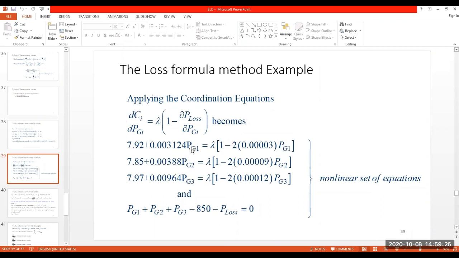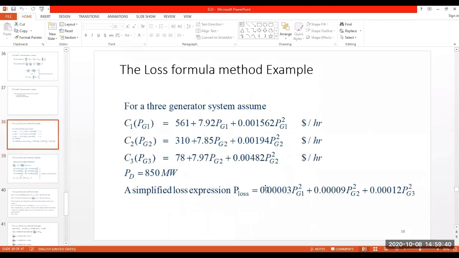Then this should be equated to lambda times 1 minus, now you also know the expression of P loss, which is a function of all the generations, Pg1 square, Pg2 square, and Pg3 square. So you simply calculate the partial derivative of P loss divided by dPg1. What will remain is simply 2 into the coefficient multiplied by Pg1.